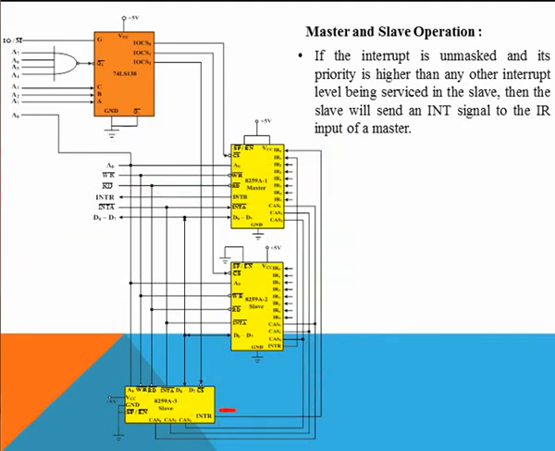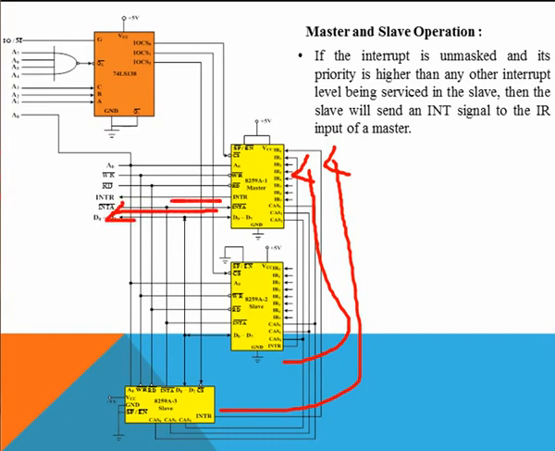Now after getting the interrupt request from the slave, the master will send an interrupt request signal at the 8085 INTR pin.